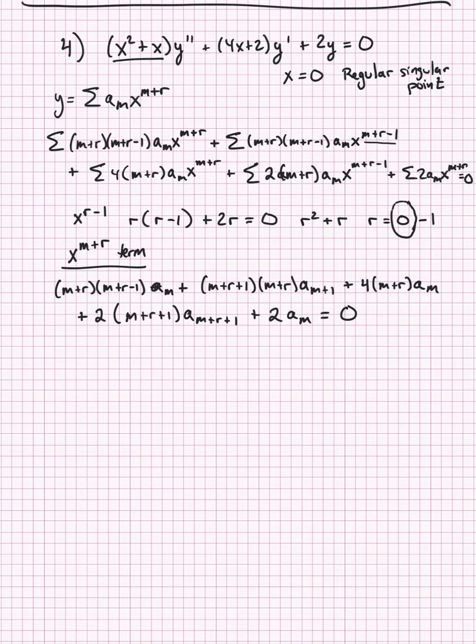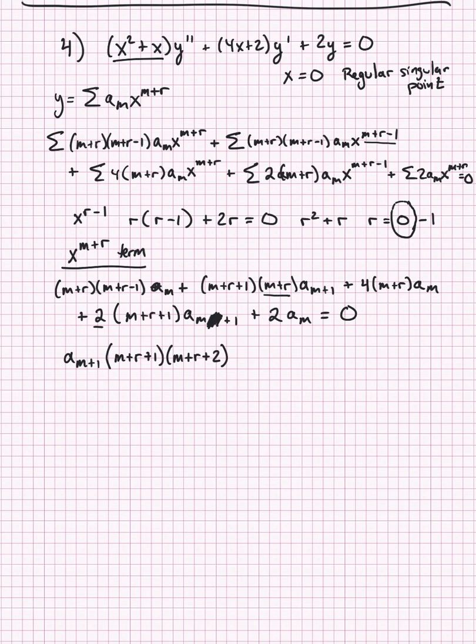So we can pull out an a_m. Well, let me just do the a_(m plus 1) first. Sorry, I realize this is not an m plus r plus 1, that is just an m plus 1. So you end up with a_(m plus 1) times (m plus r plus 1), and then you see we have an m plus r here and a 2 here, so we just get (m plus r plus 2).